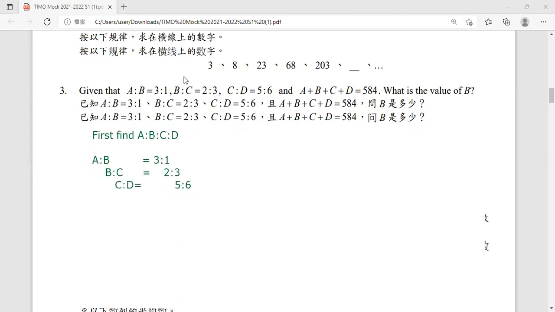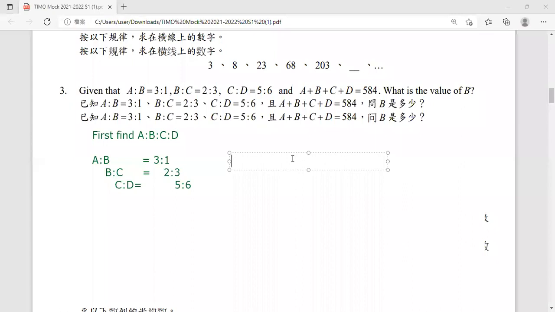Now, of course, you will know that it will become the common multiple of 2, 3, and 5. So I think I should multiply by 30. Okay, the first one is only about 15.